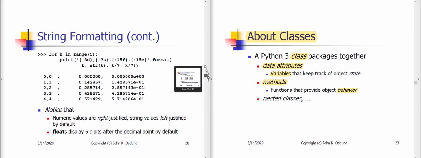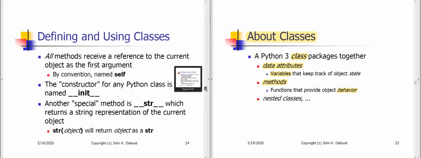Okay, so let me zoom ahead to this stuff. Now, a class consists of a collection of method or function definitions, and also we can have what are called class variables that we'll get to a little bit later.